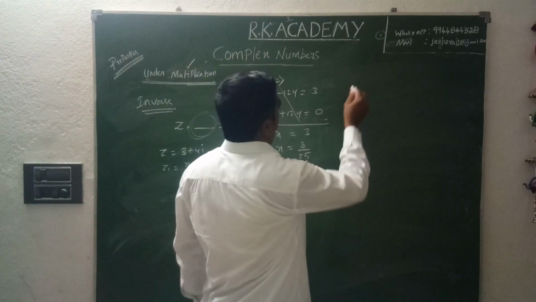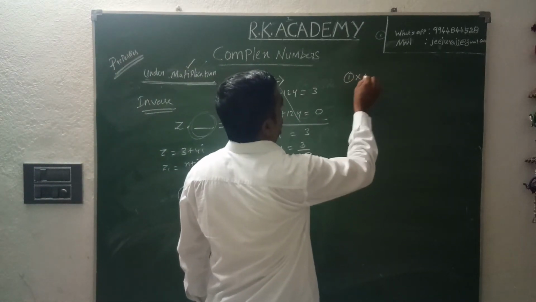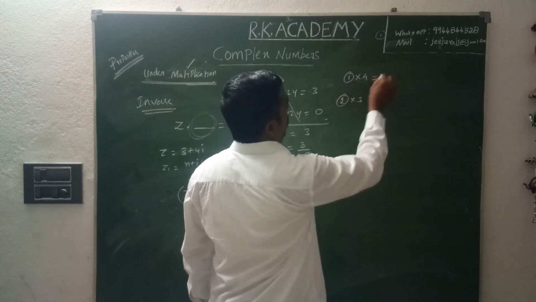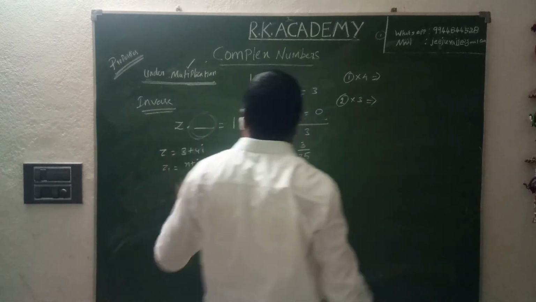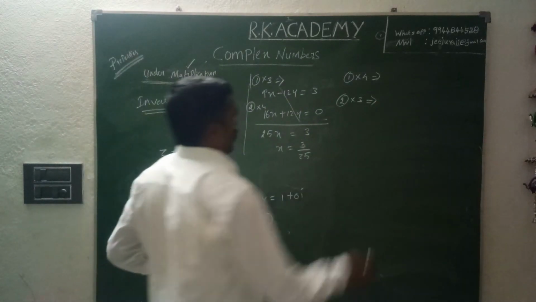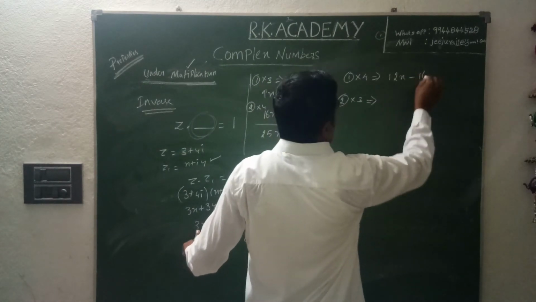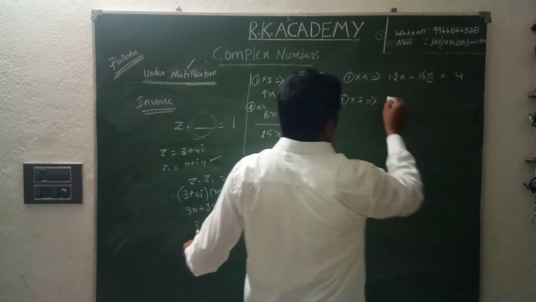Now I multiply the first equation by 4 and the second equation by 3. The first equation gives 12x minus 16y equal to 4.